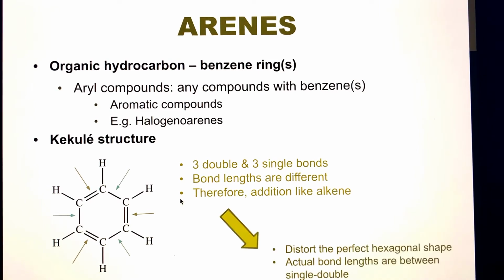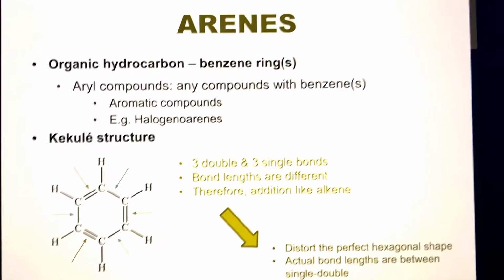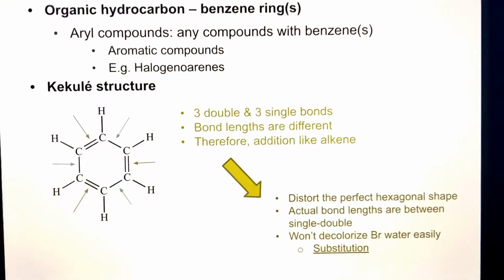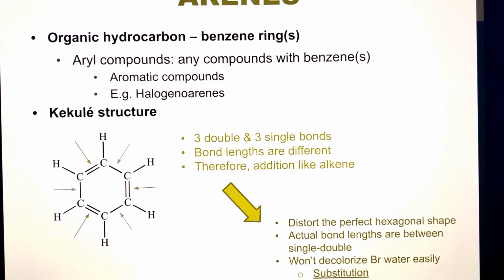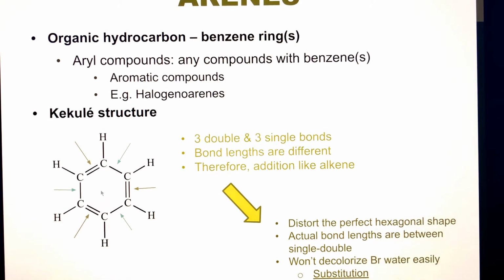The actual bonds are between single and double bonds, and all are the same. There are no distinctly separated single or double bonds, and it also won't decolorize bromine water easily. Instead it undergoes substitution. If you remember, alkenes undergo electrophilic addition with bromine to decolorize it.